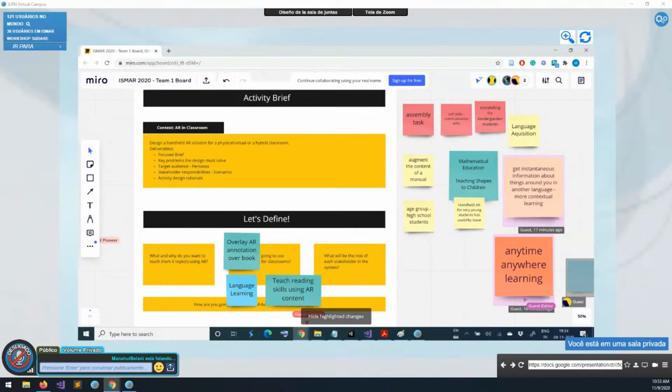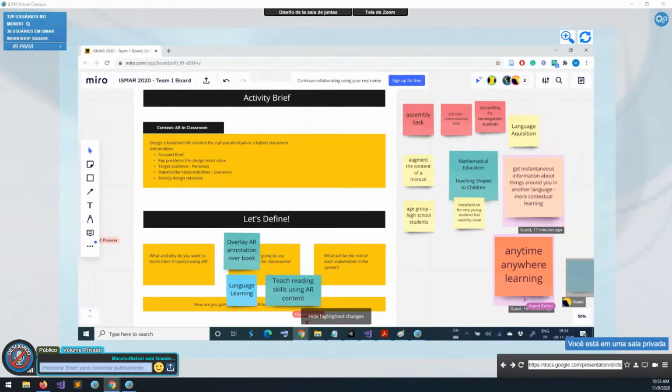Another key problem that it would solve is that the student would actually be learning in context. So, say I'm learning what a banyan tree or a mango tree is called in French, I would learn it in context where there is a banyan tree or mango tree around me. And we thought that more contextual learning may have some positive effects, which of course need to be evaluated.